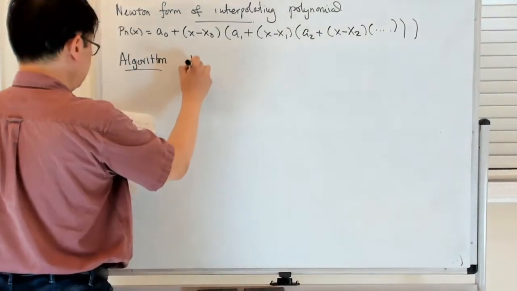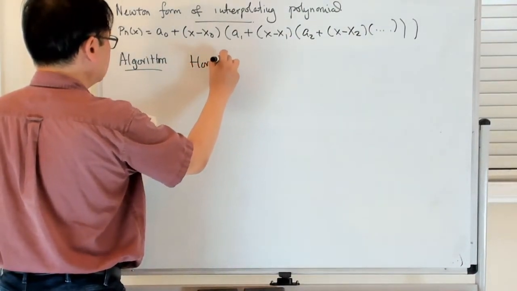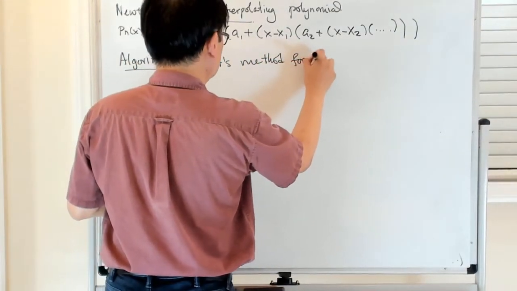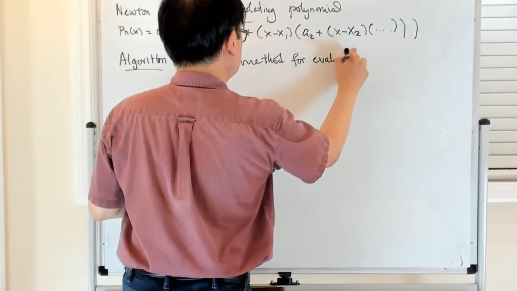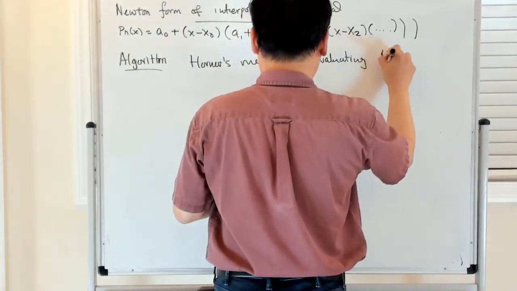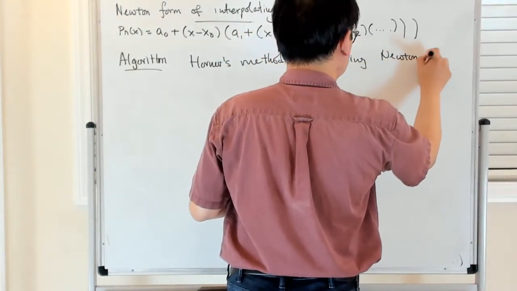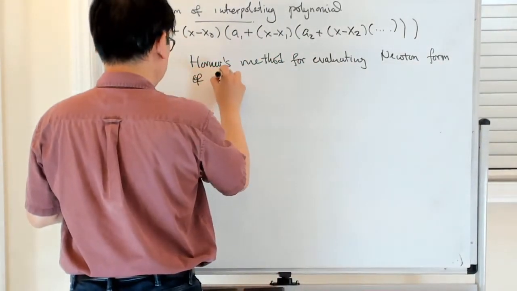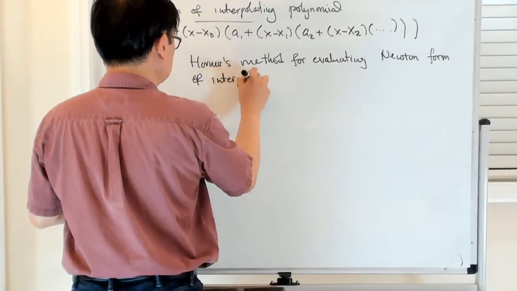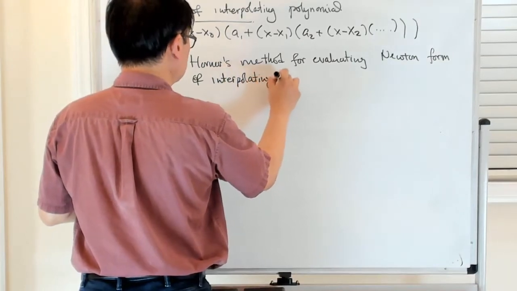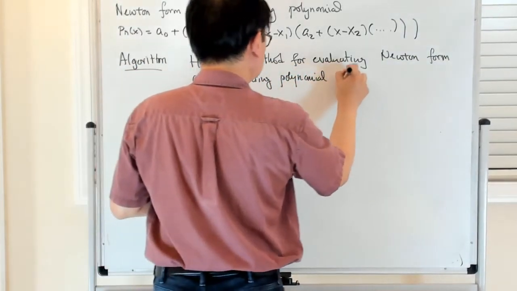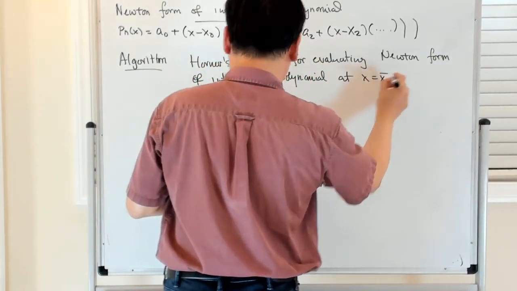This is Horner's method for evaluating the Newton form of an interpolating polynomial at x equals x bar.